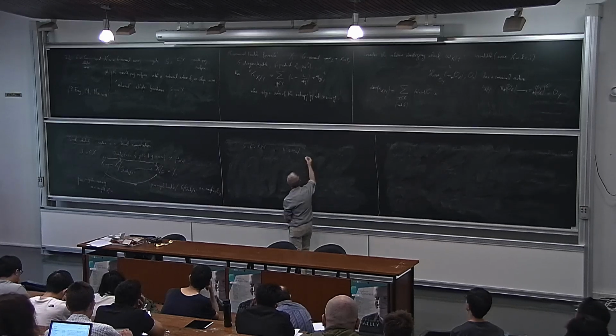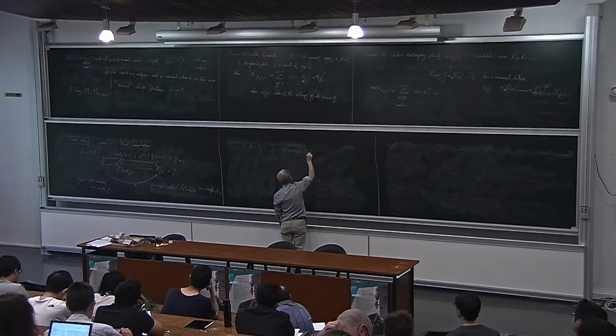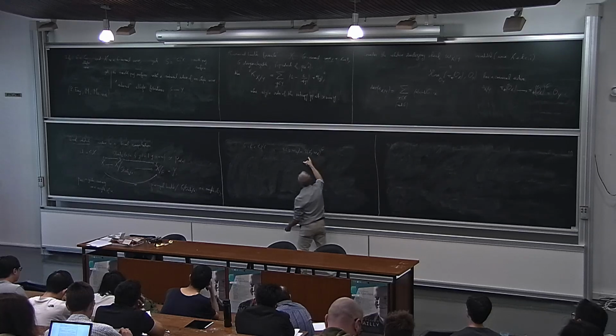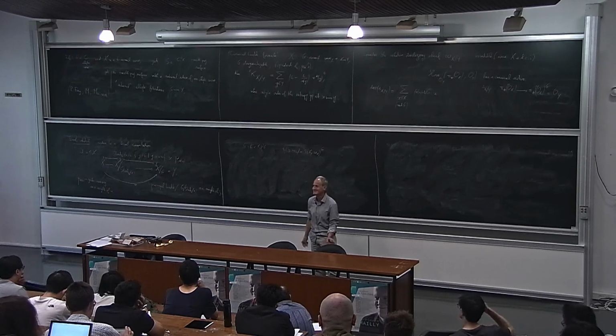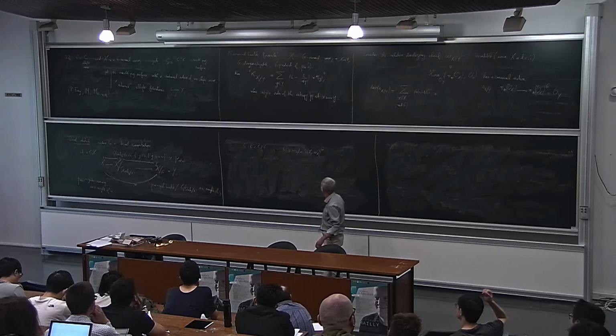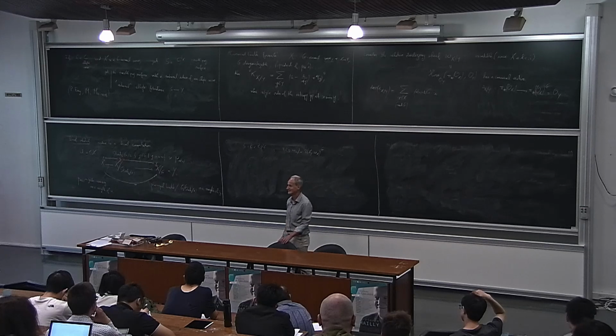There is an easy action on X, which is this one. Let's take G invariants, and then it's completely unknown. So the problem would be to find some reasonable description between.